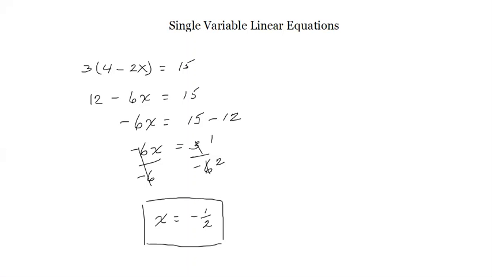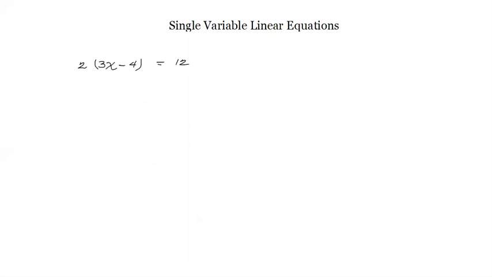All right, let's try one more. So again, what we're going to do is understand that this is 2 times everything inside here. All right, so 2 times 3x is 6x minus 8. How did I get 8? 2 times a minus 4 is minus 8, is equal to 12.